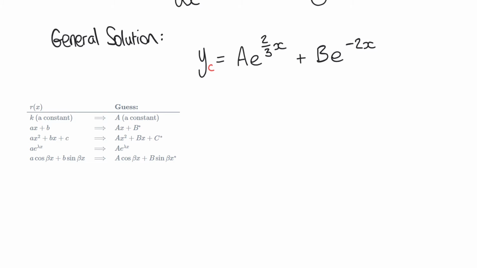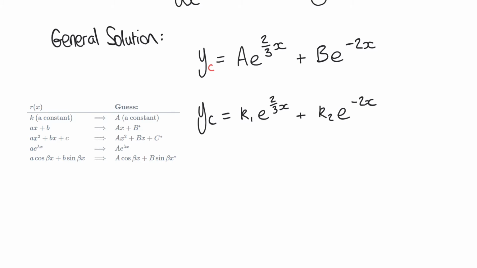I'm going to rewrite this equation, but rather than A and B, I'm going to call these unknown constants k1 and k2 instead, and that's just to avoid confusion at a later stage. So like I mentioned before, this is what we call our complementary solution. We've given it the term yc.